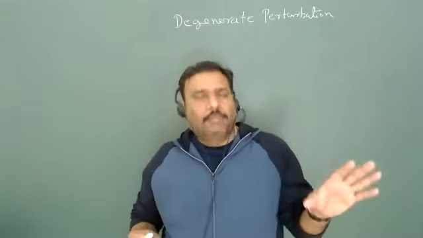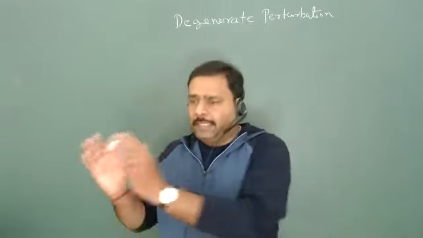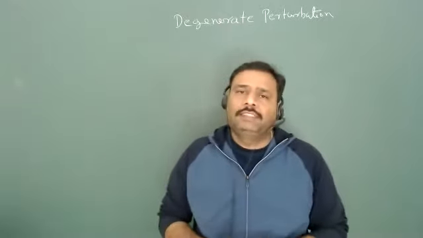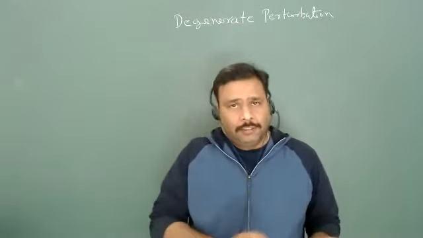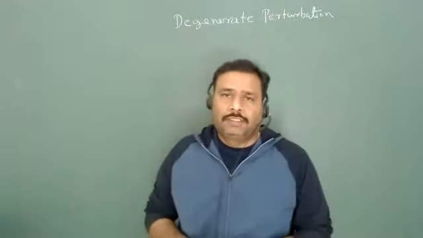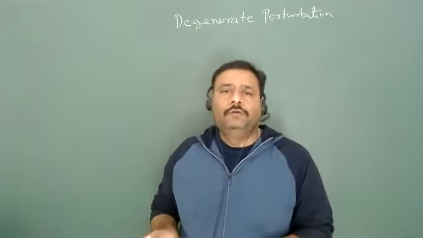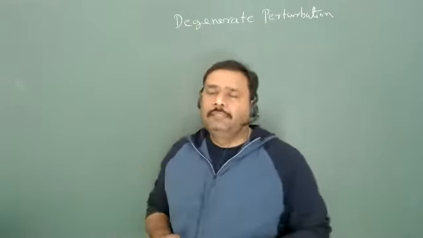If your H naught is diagonalized, then W dash and W are exactly the same. But if it is not diagonalized, you have to change the basis of W and write the new matrix W dash.